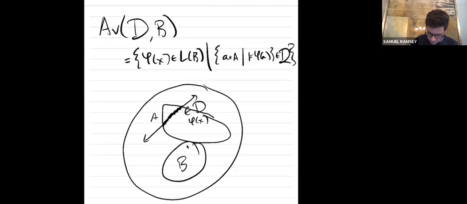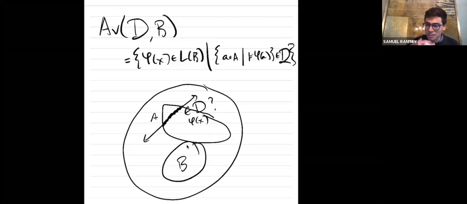Is this in D? And if D says it's big, then I put it in the type. And if D says it's small, then I don't. But because it's an ultrafilter, I make a decision about every set or its complement. And so this will, as it turns out, determine a complete type over B.